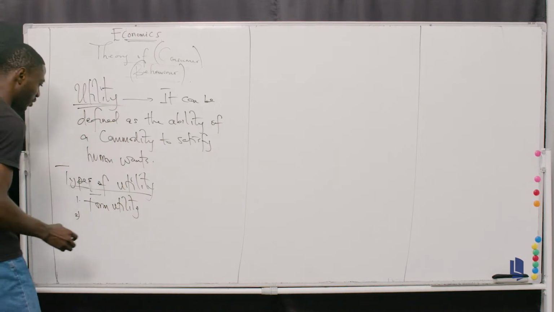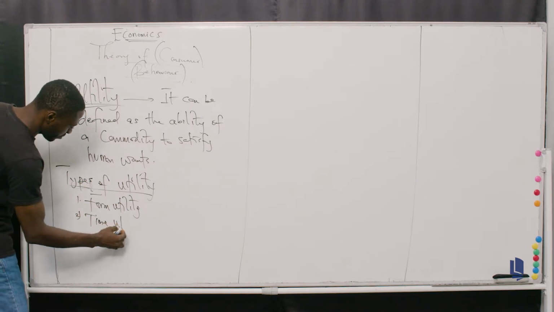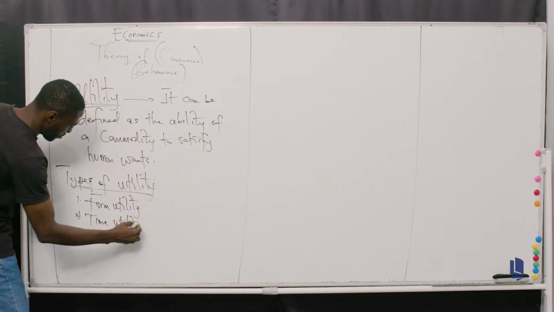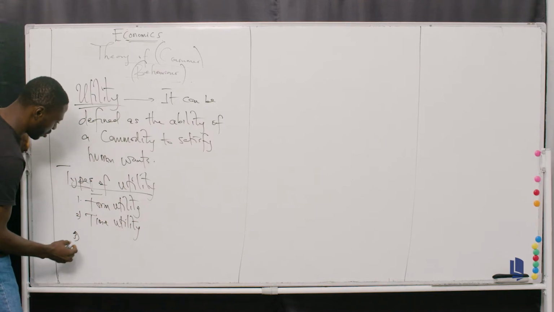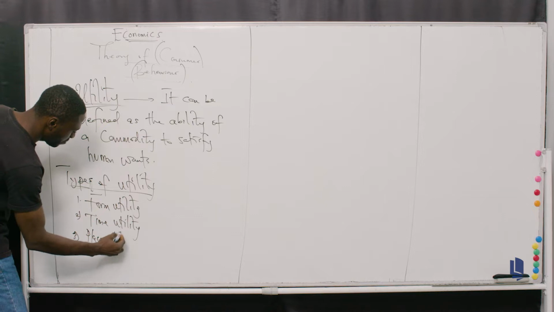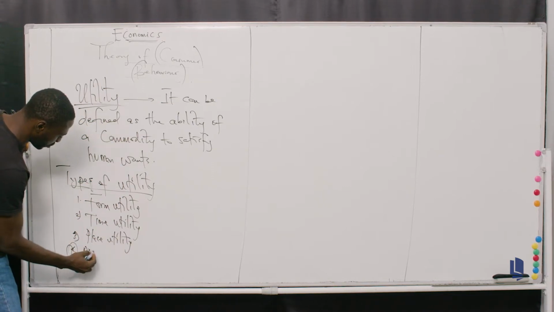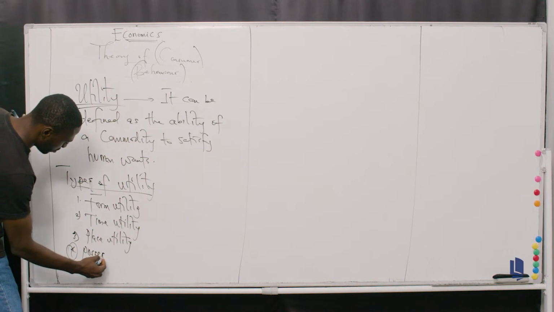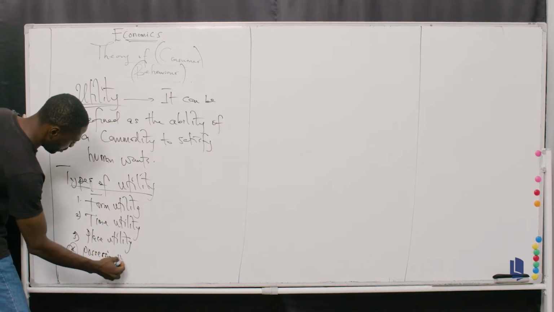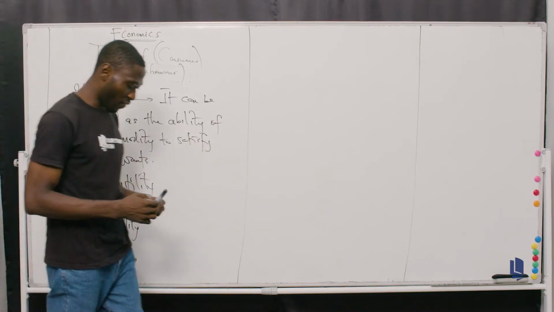Number two, we have time. Number three, we have place. Then number four, we have possession utility. So, four types.